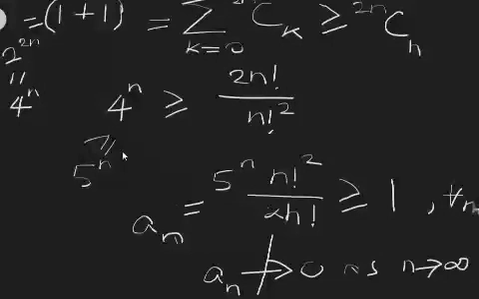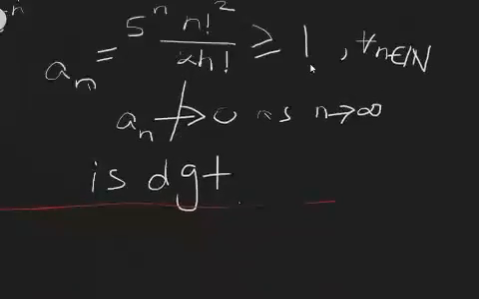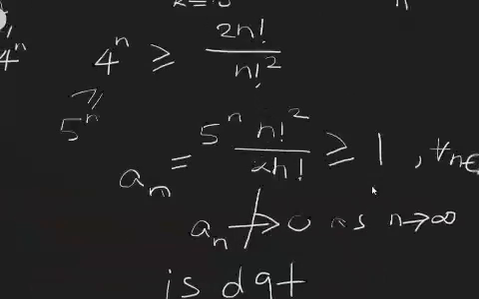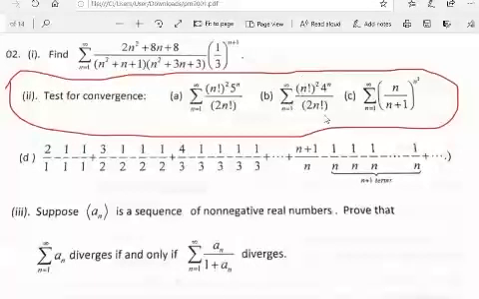Here we showed that 4 to the n is greater than or equal to this thing. Then, as before, we can show that all terms in this series are greater than or equal to 1.